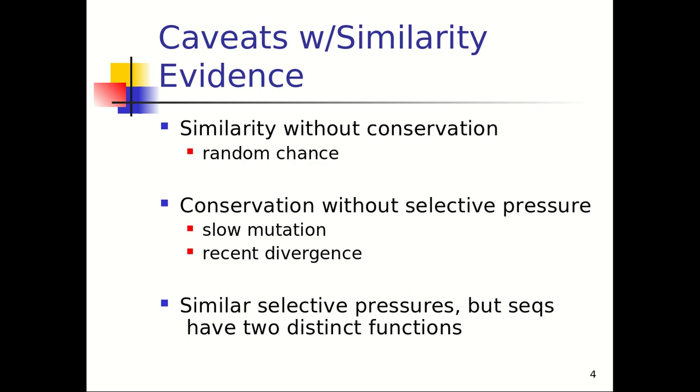So similarity and selective pressure, but sometimes they might have two distinct functions but have the same selective pressures. This is kind of harder to explain, but not all sequences that are the same have the same function.